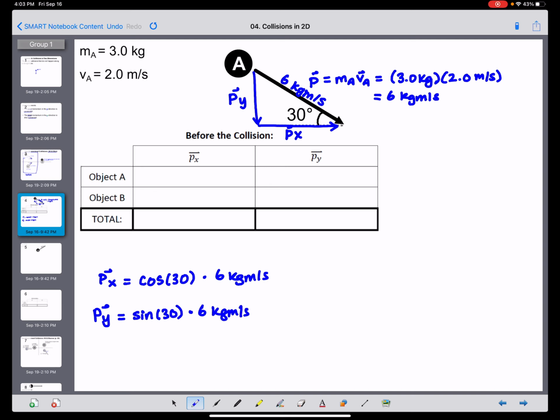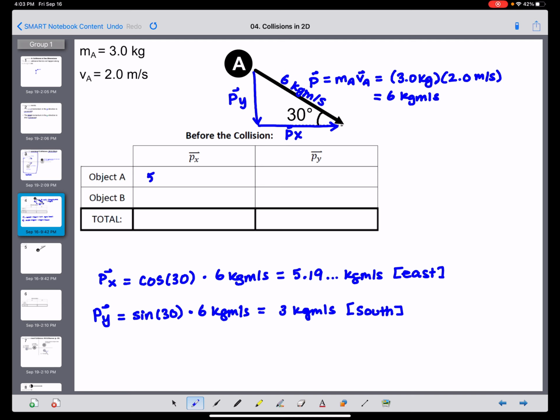When we put those in our calculator, for x we get about 5.19 kilogram meters per second to the east. And for y, we get 3 kilogram meters per second, and we can see from the diagram that that one's to the south. Now, we're going to put those numbers into the chart just to help us keep track of them.